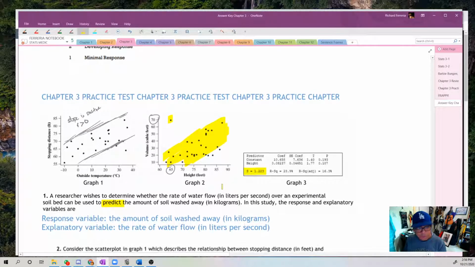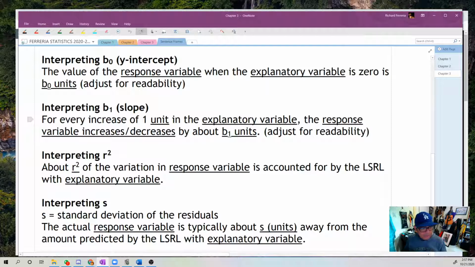We're going to do the same trick that we did with the previous problem by going into the sentence frames that we already know. I don't know how anyone does AP statistics without a list of sentence frames. I really don't. So, interpreting S is a standard deviation of the residuals.